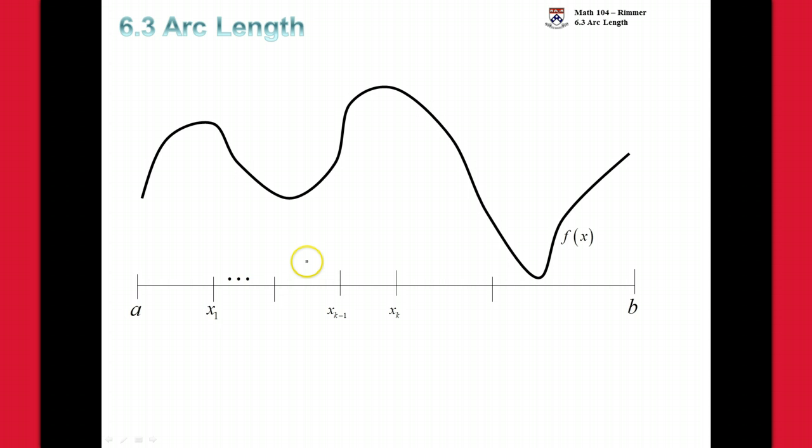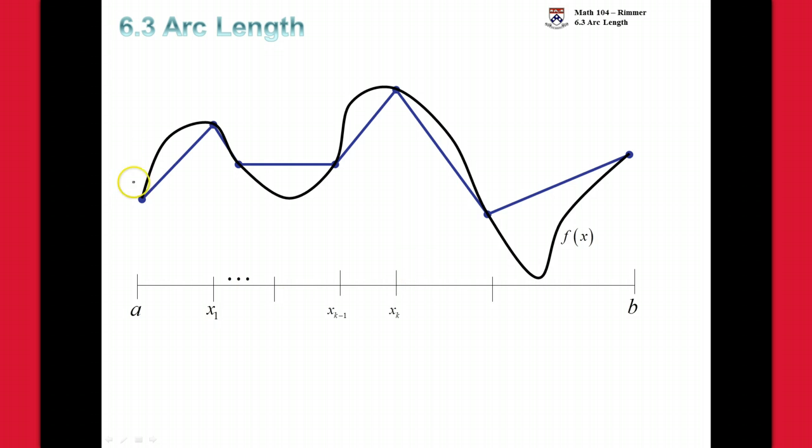And so, as we typically do to derive formulas in calculus, we take the interval from a to b and we chop it into subintervals. And so here's an example subinterval, x sub k minus 1 and x sub k. Alright, and so we'll first chop it into 5 subintervals, we'll say.